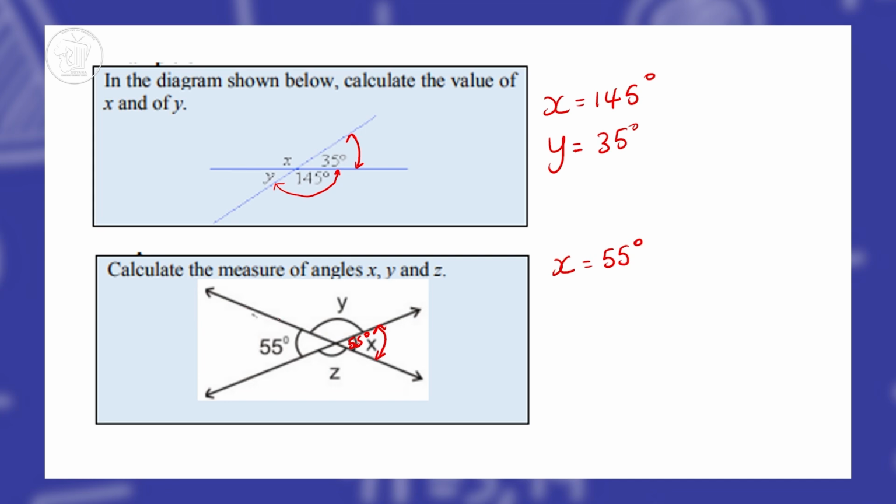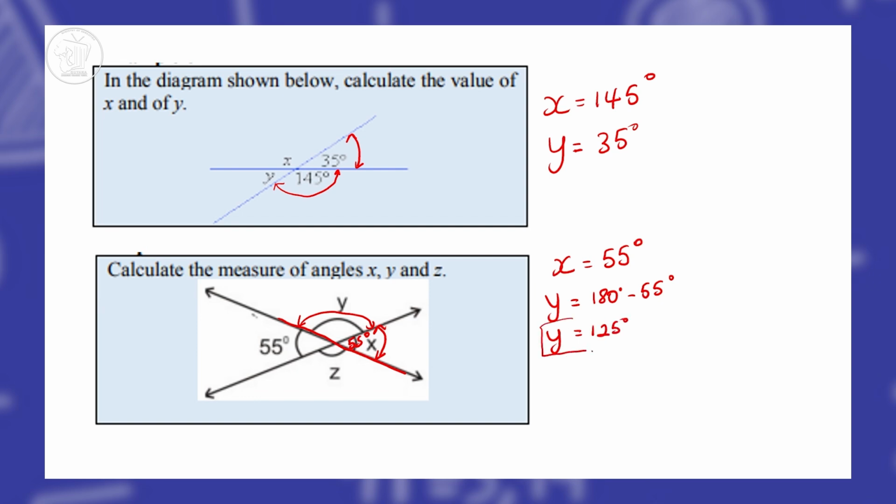So if there's 55 degrees, that means we can also find angle Y. Because if you look at angle Y, a straight angle is formed here. So this piece is 55, that means the remaining piece must give us 180 degrees. So you can say angle Y is equal to 180 degrees subtract 55 degrees. 180 subtract 55 will give us 125 degrees.